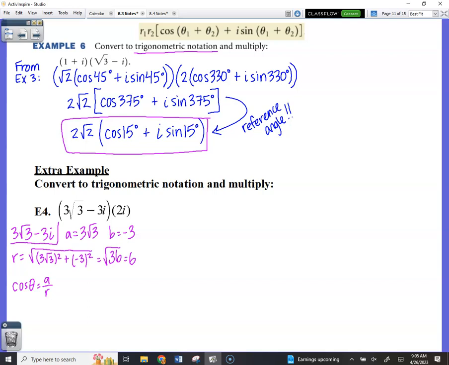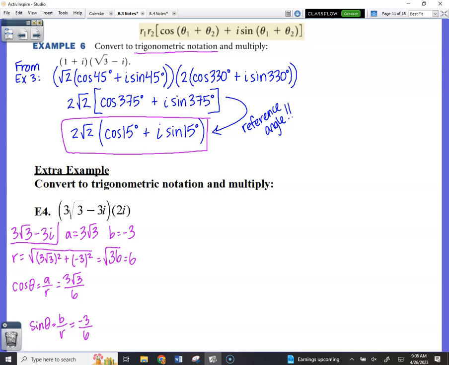I'm going to write it right here. Plug it in. A is 3 root 3. R is 6. B is negative 3. R is 6. Reduce those. Be careful reducing right here.